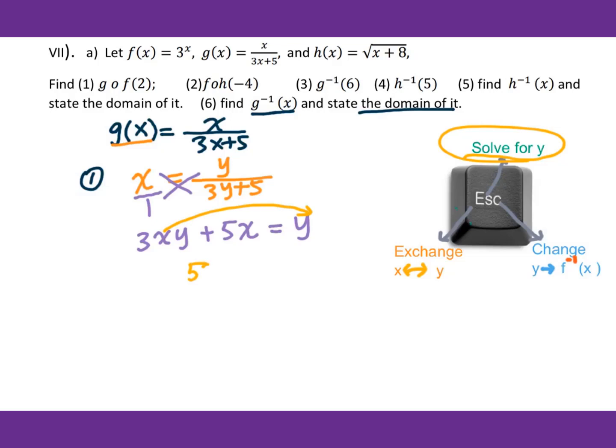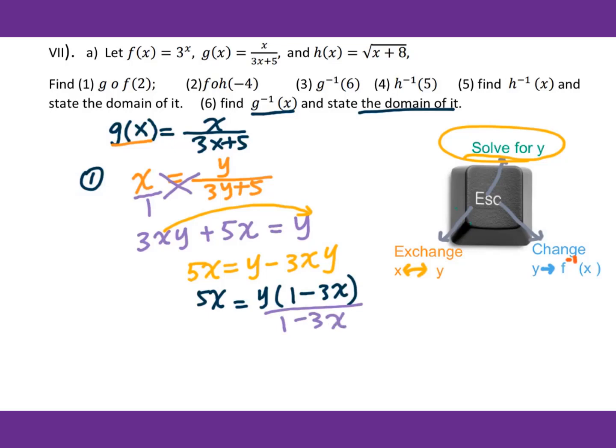You will get 5x equals y minus 3xy. Then take y outside. We got 1 minus 3x. This is a 5x. Then we divide it by 1 minus 3x to isolate this y.